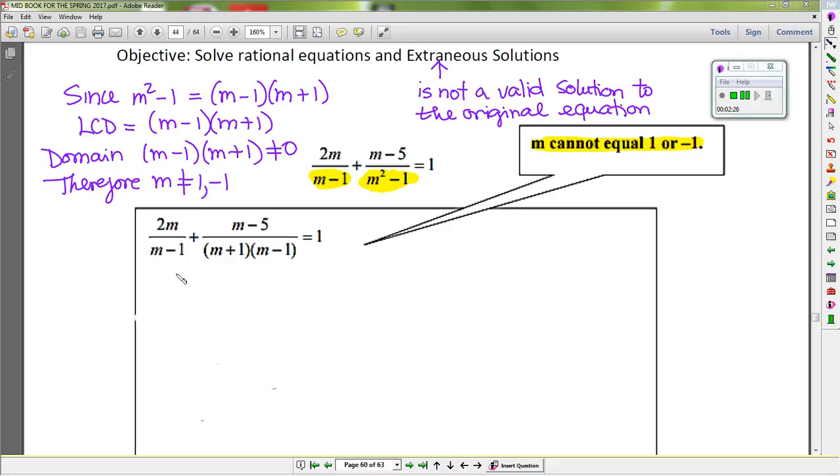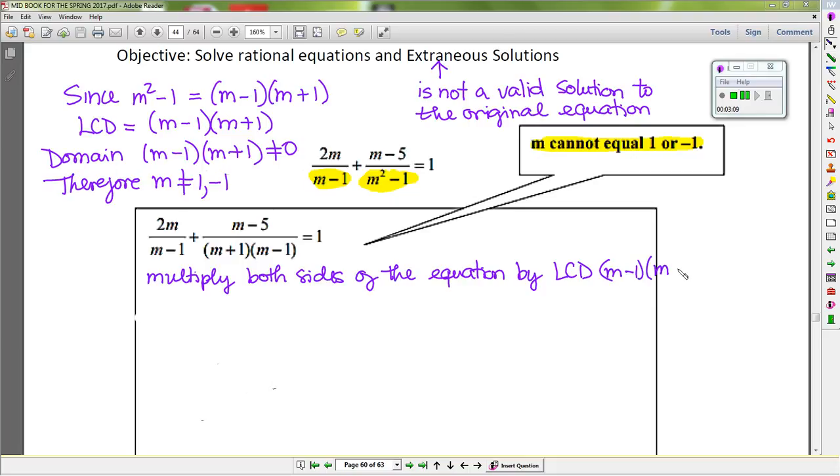The next step is to copy down the given rational equation, except I write my second denominator, m squared minus 1, as the factors m minus 1 times m plus 1. Next, I'm going to multiply both sides of the equation by the LCD, m minus 1 times m plus 1.